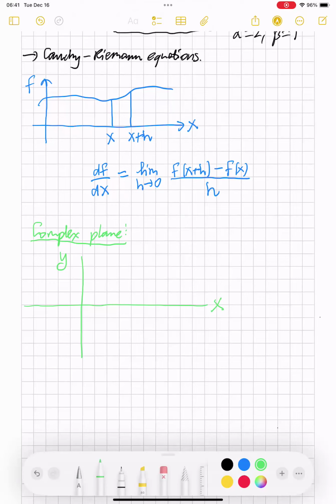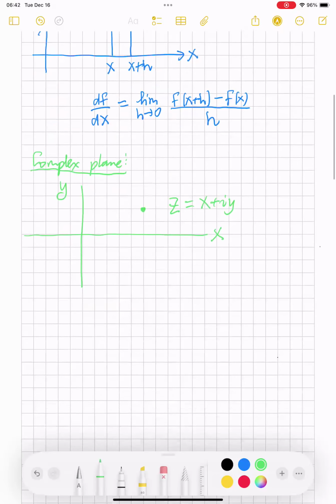If we pick a point on this plane, we label that point by a single complex number z, which has a real part, x, and an imaginary part, y. Because there are real and imaginary parts, to plot out all of the complex numbers we need a plane, as opposed to the real numbers where we only needed a line.